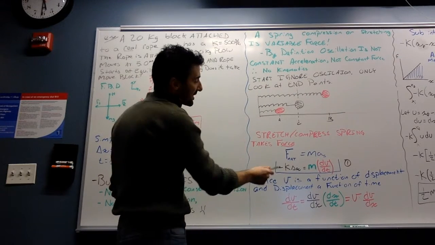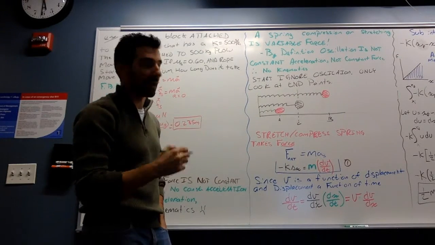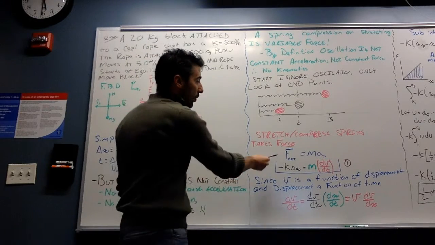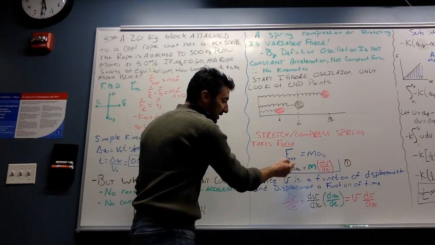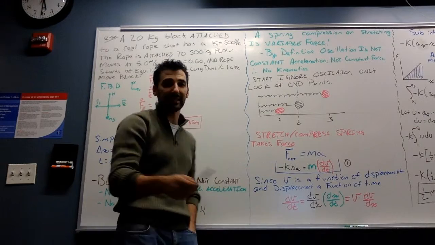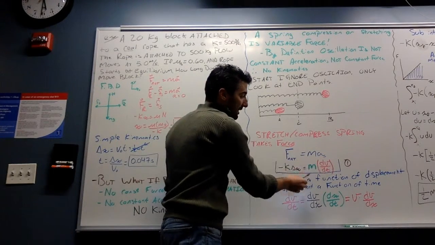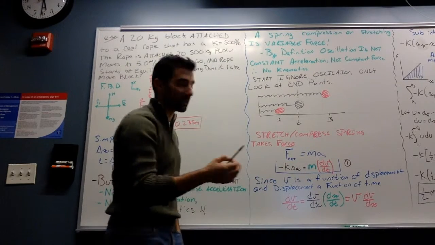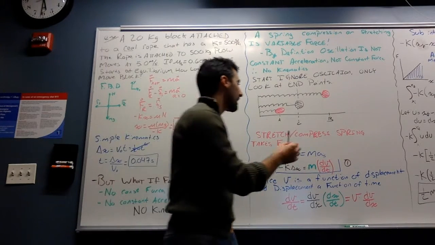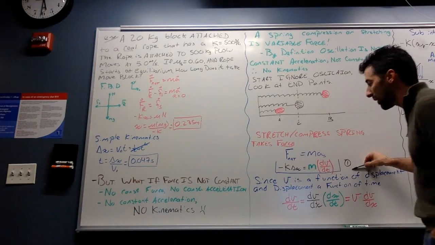That being said, we're going right back to Newton's second law. F net equals ma, where my net force is just the force on the spring, negative kx, as we defined earlier with Hooke's law. That is equal to mass times acceleration. Now, I rewrote acceleration in terms of velocity and time, and I'm calling this equation 1.